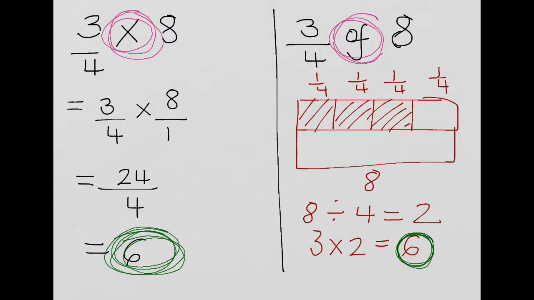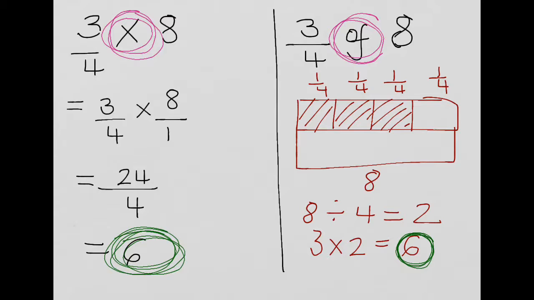So the big thing, and I'd say to you, write this down in your maths book and put it in a box, or write it down somewhere so you can keep looking at it, that multiply and "of" are the same thing. So when you see them in a question, if I say 3/4 of 8, I actually mean 3/4 multiplied by 8.